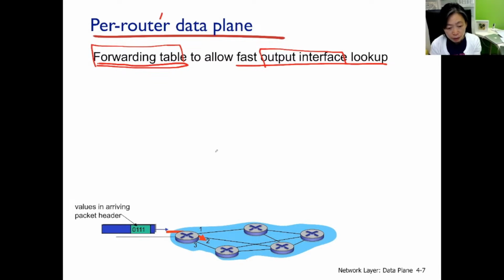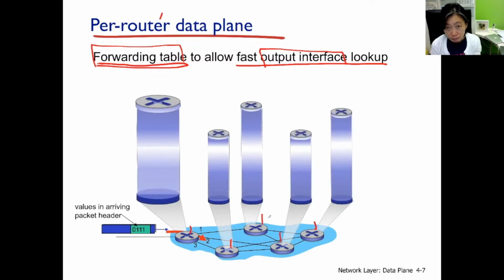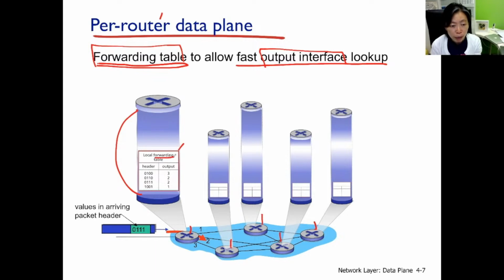Let me illustrate. These are the routers. And inside the router, you see this is the entire operating system stack. There's this thing called the forwarding table, and each router will have one of these. When a packet comes in like this, it's going to look into a packet header field and match the pattern to the entries in the table.